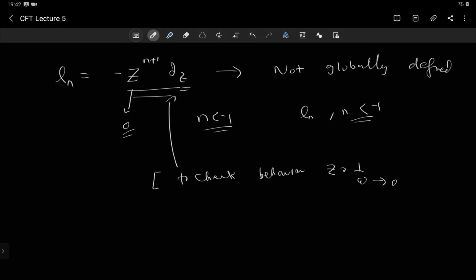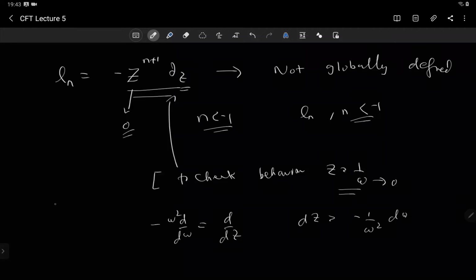And to check whether they are well defined at infinity, we have to make this transformation, and then look at omega equal to 0. When you do this, you see that dz is -1 by omega square d omega, and that immediately means that ddz is equal to minus omega square dd omega.